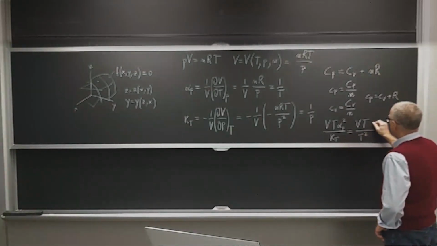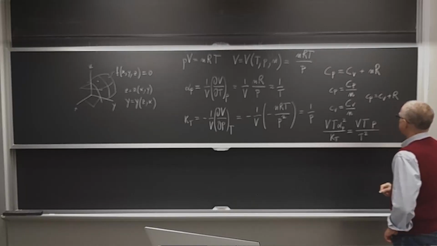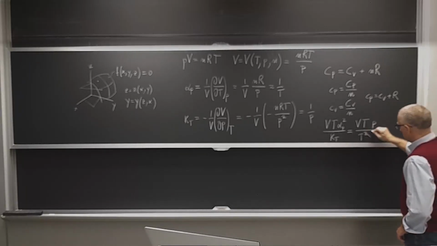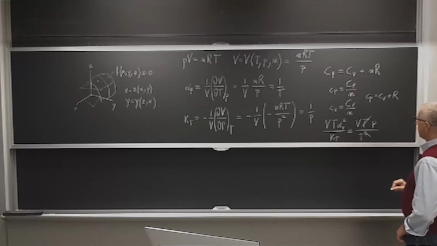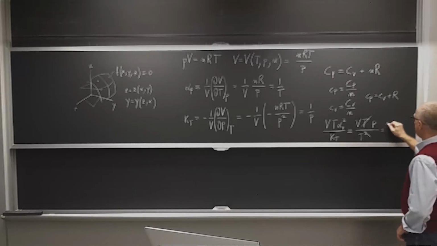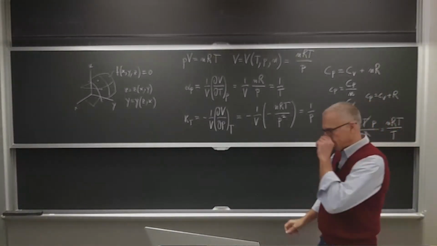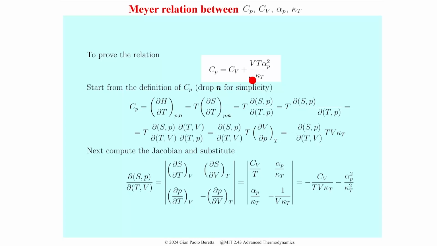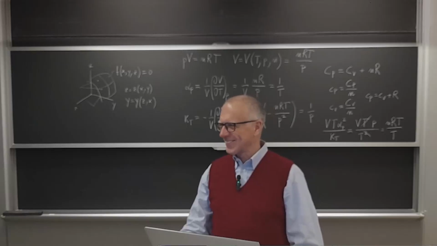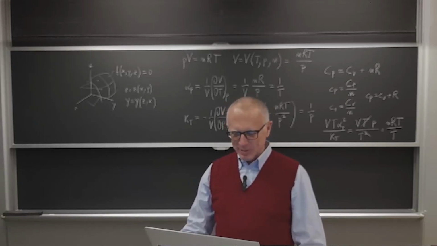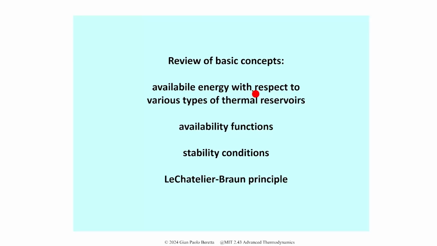And kappa is 1 over P, so I got a P there. So that goes with that. And hopefully, since PV is equal to nRT divided by T gives nR. Okay. I see a lot of rust in your minds about previous thermo. That's okay. All right.